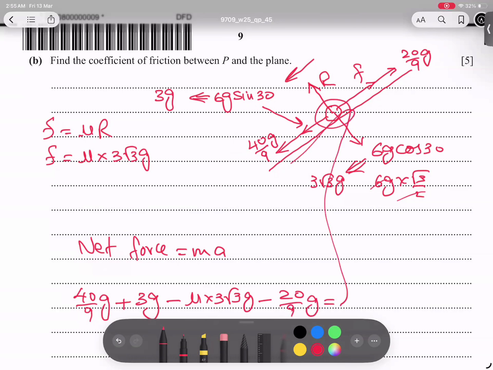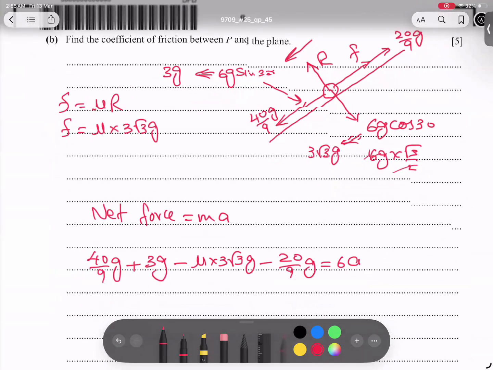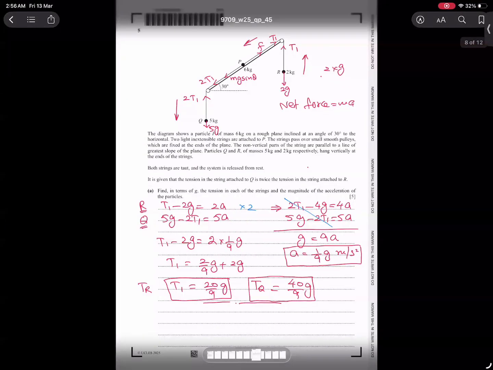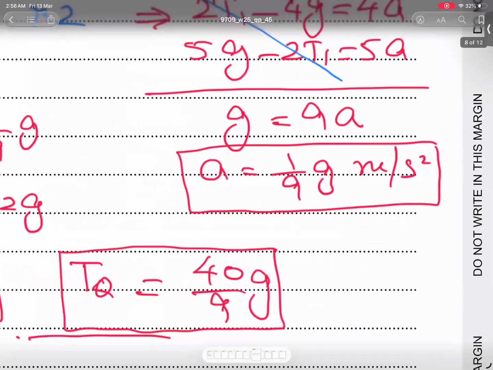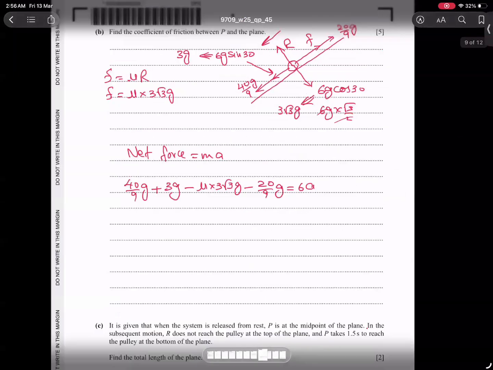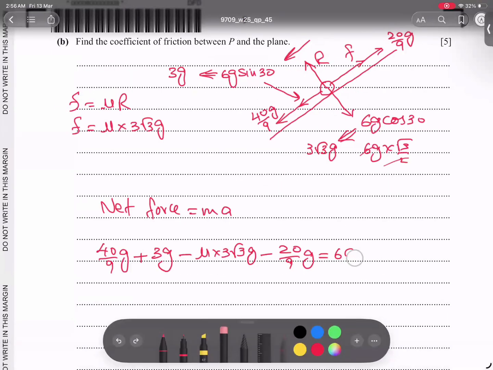The particle mass is 6, so 6 times a. And we already have the acceleration value. If you go back and check it, students, the acceleration value is 1 over 9g. So I am writing 1 over 9g here.